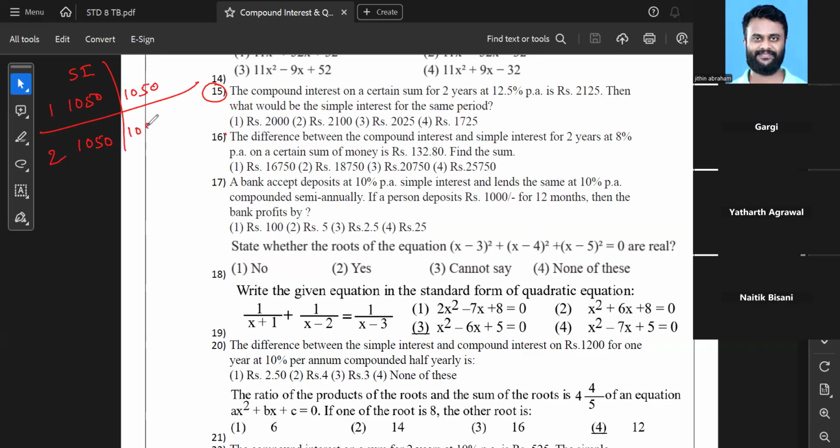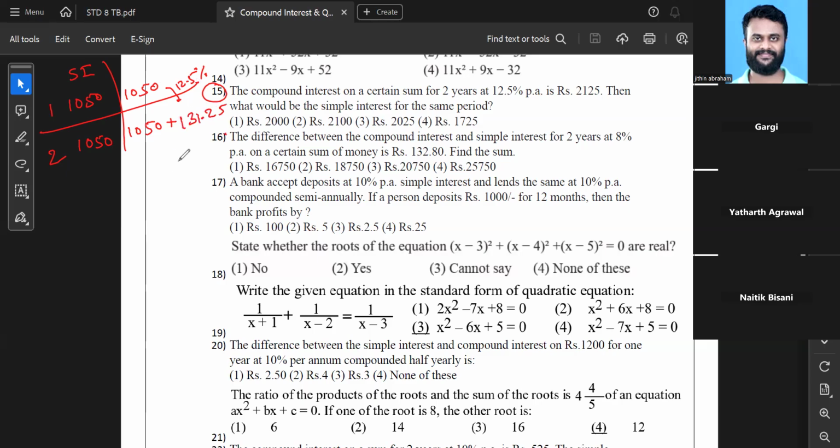For the second year it will be 1050 plus 12.5 percent of 1050, that comes to 131.25.